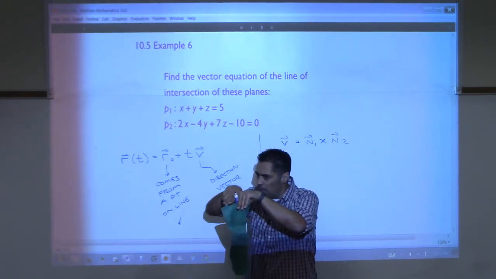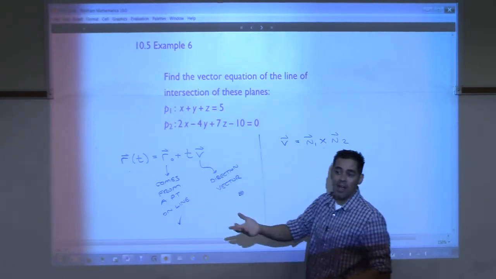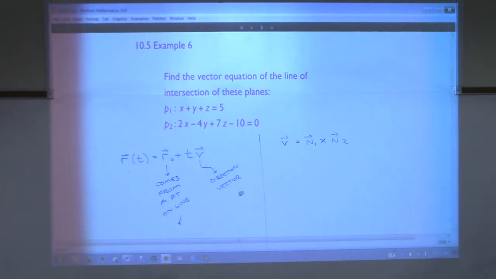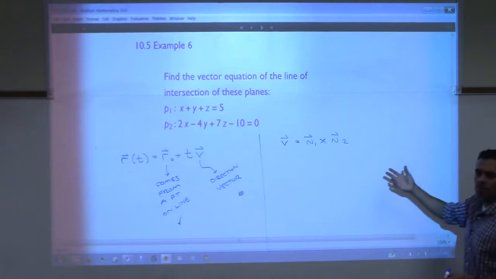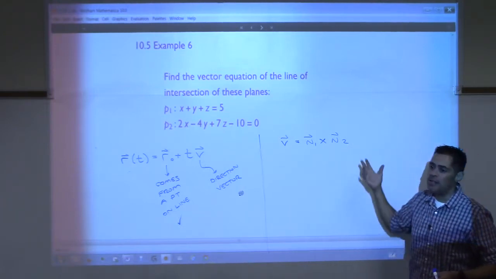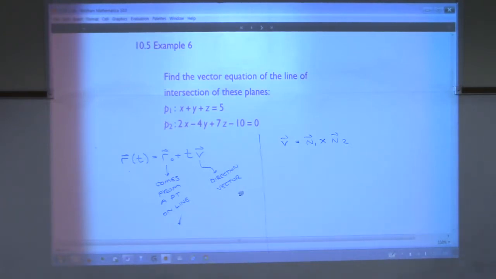So it has to be on their intersection, which means it's on the line. But it's not the only point. Remember how I chose z was 0? You could redo this problem, let x be 0, and you would find a different point. So we all might have different answers depending on how we find that point.